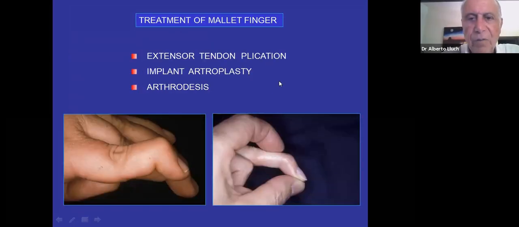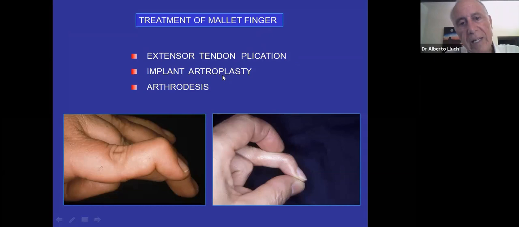And finally, very short, because it's quite late and you must be tired, and it's very simple to explain, the treatment of a mallet finger, like here. This is a mallet finger, quite severe. You can do extensor tendon application, but even in trauma cases with normal extensor tendons and no stiff joints like here, the results are very unpredictable.